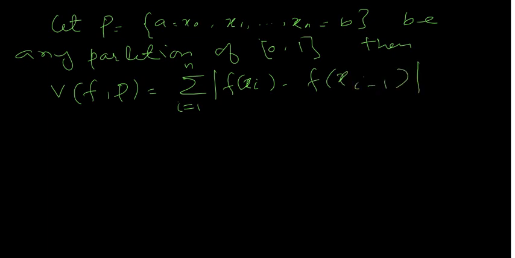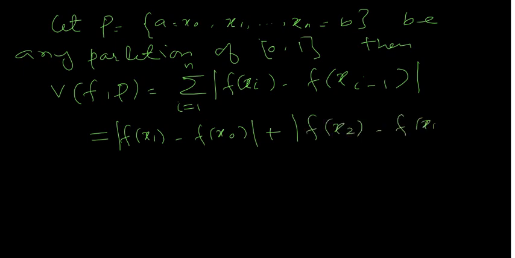And if you want to expand this sum, as you have seen in the example, it's equal to mod of f of x1 minus f of x0, plus the next term f of x2 minus f of x1, and continue this sum up to n times, and the nth term of the sum is f of xn minus f of xn minus 1.